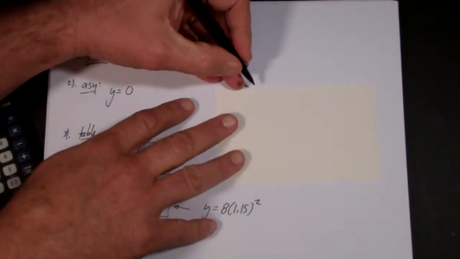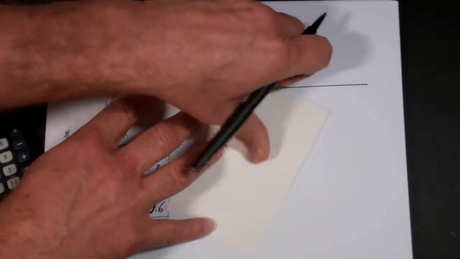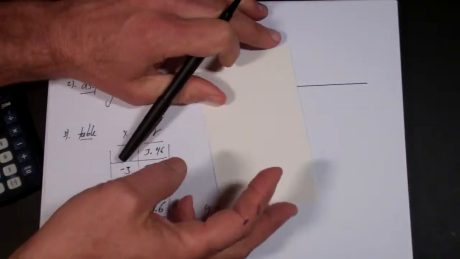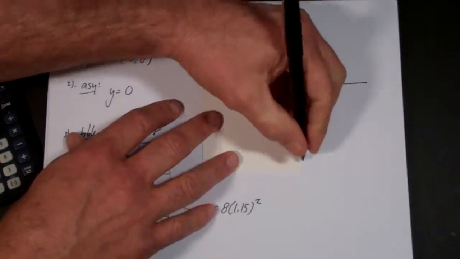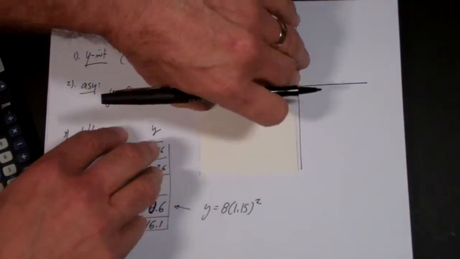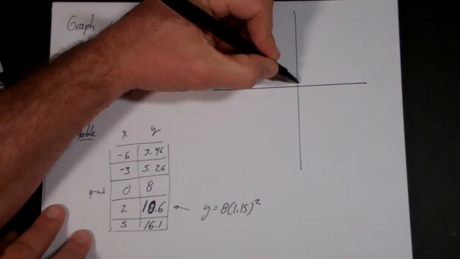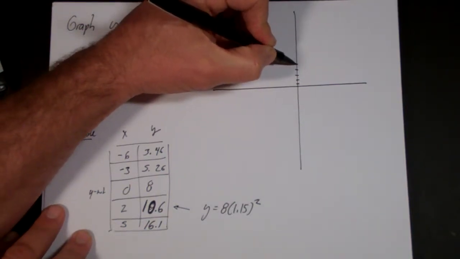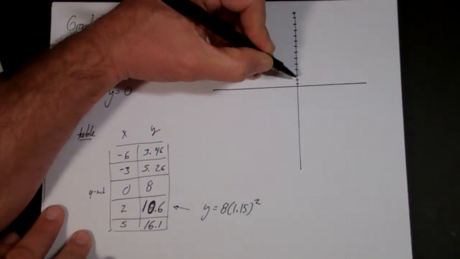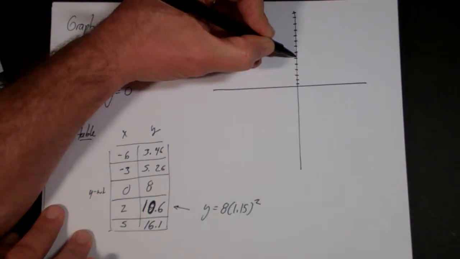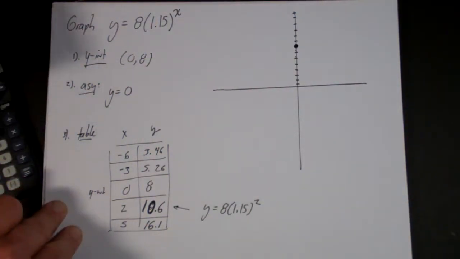So let's do a quick XY graph. Always use a straight edge. And here what you're going to do is you're going to do 0, 8. Do 0, 8 first. Then you're going to do the asymptote.